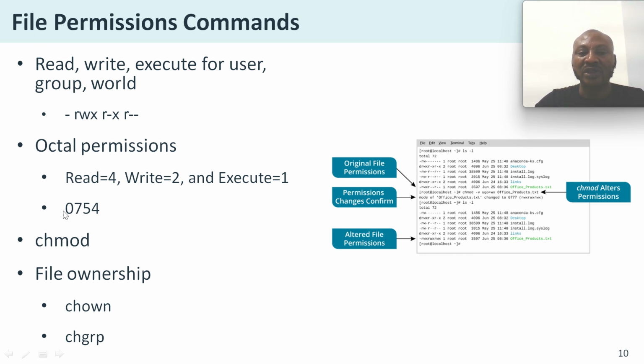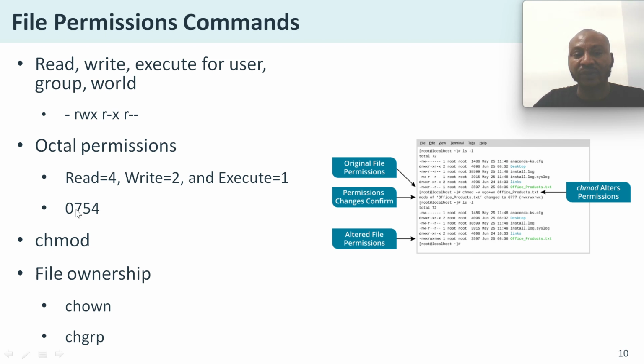So we can interpret this one. The 0 is nothing. When we see 0, we just ignore it, so we forget about the 0 and focus on the 7. Read, write, execute: we have 4, 2, and 1, which gives you 7.